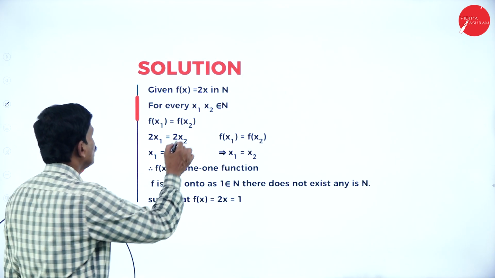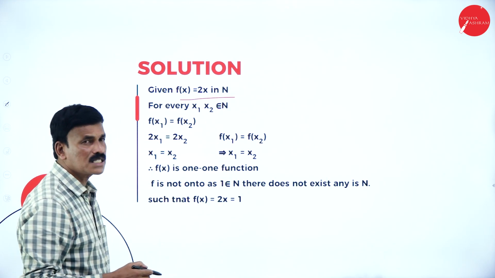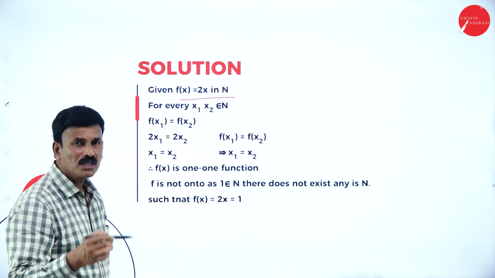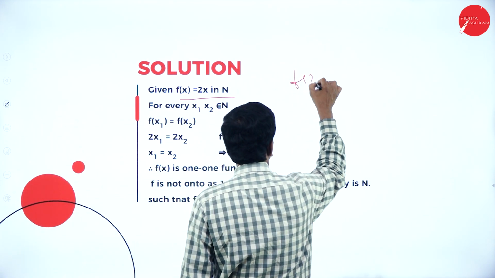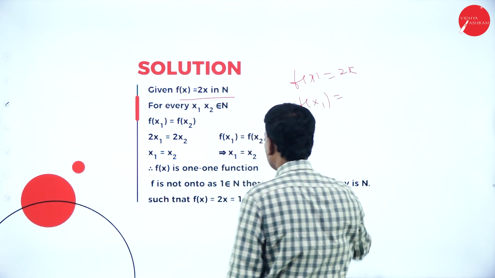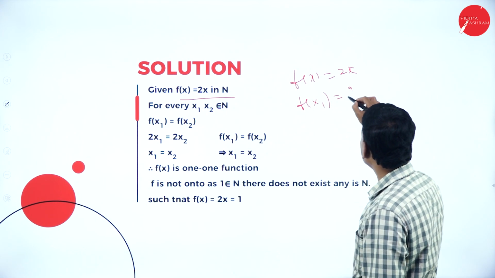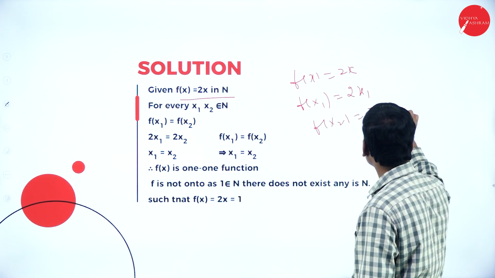First, given f of x is equal to 2x in N. So for every x1, x2 belongs to N, f of x1 can be written as 2 times x1 and f of x2 can be written as 2 times x2.